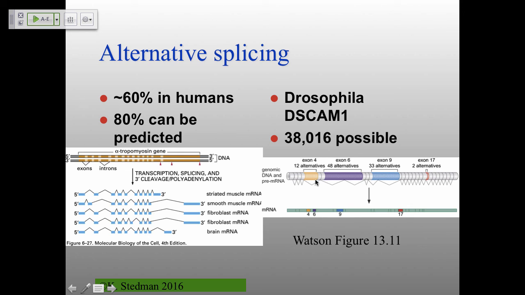These first 3 exons are always used. It's exon 4, there's 12 different possibilities for. Exon 6 has 48, exon 9 has 33, exon 17 has 2, and I give you one guess what 12 times 48 times 33 times 2 is. 38,016. So those are all the different possibilities that you get in this particular process.